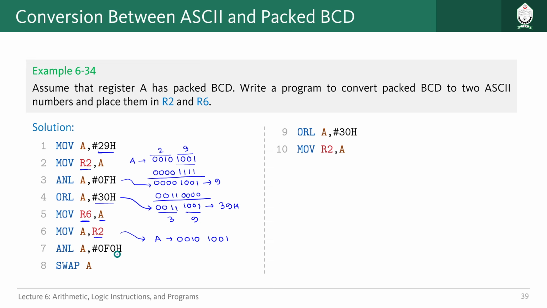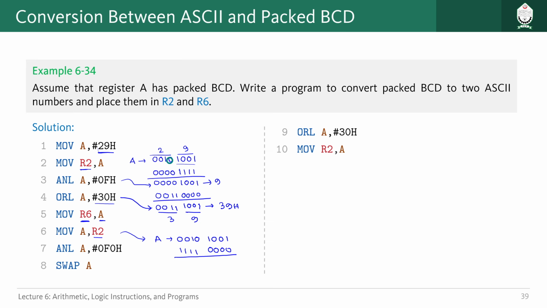What is F0? F0 is 1 1 1 1, then 0 0 0 0. We are going to do the ANL between these two values. That will give us only the upper nibble, because here we want the upper nibble.